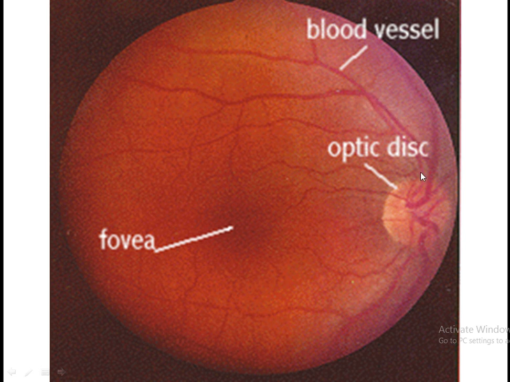Where it ends, that point will be the optic disc. Each and every artery or its branch ends on the optic disc, because this is the point from where it is coming. You cannot see this one and identify it directly.